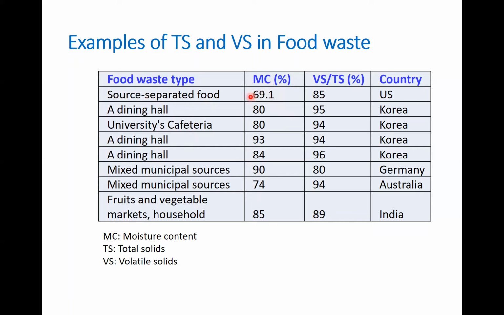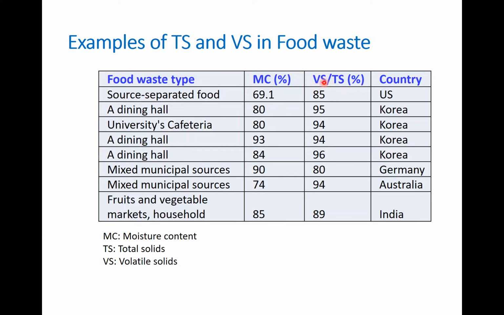If you subtract this value from 100, you get the total solid, about 30.9%. And the VS per TS is 85%.